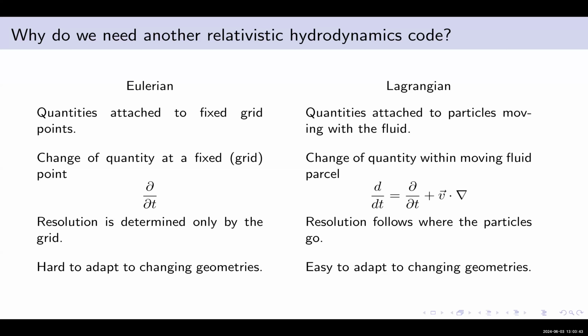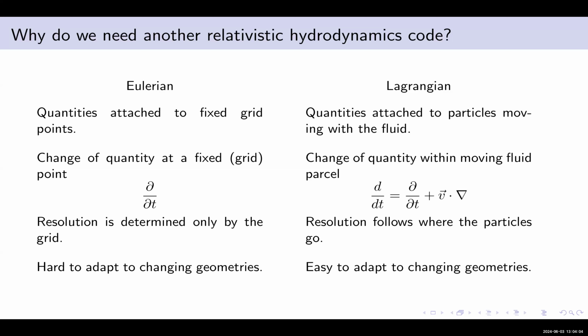And of course, here the one potential problem is that the resolution is determined only by where you actually put your grid. So if you don't have grid points where the matter moves, you have to adapt to that. And that means that it's pretty hard to adapt to changing geometries.